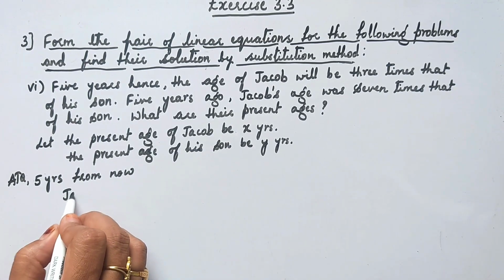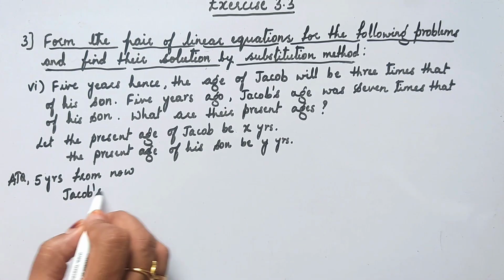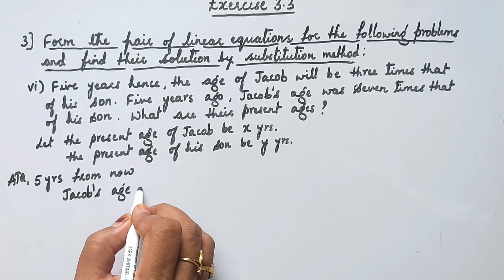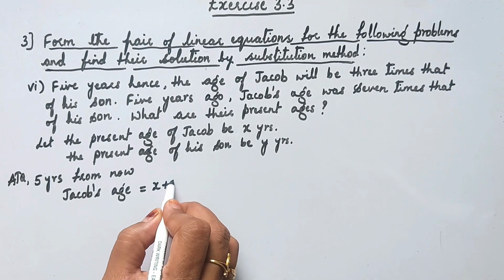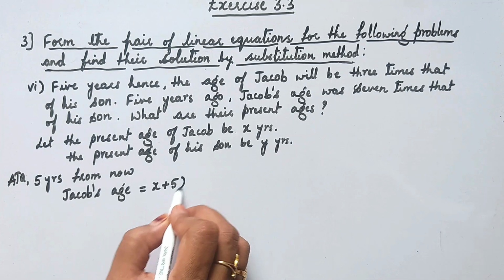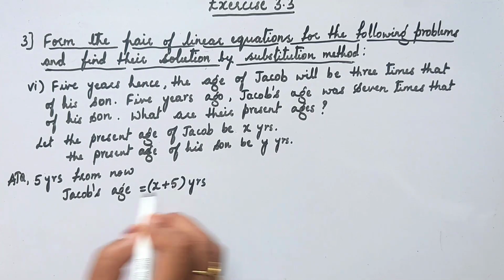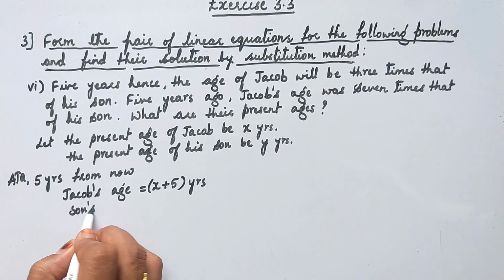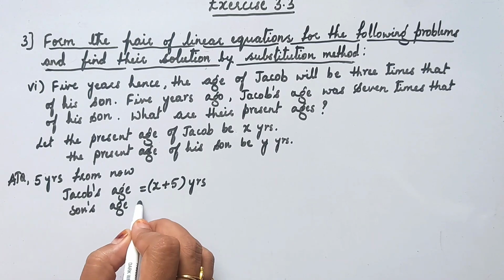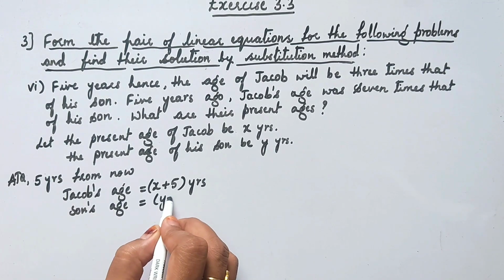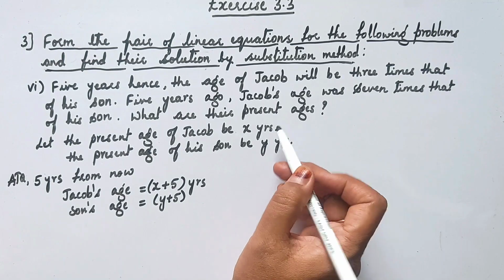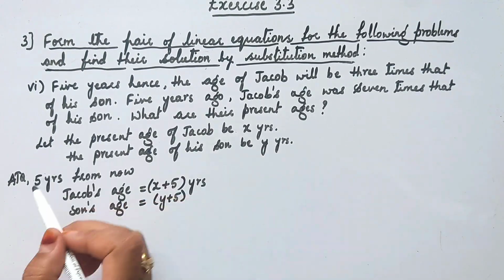So Jacob's age is x plus 5 years, and the son's age is y plus 5. So that means for these ages I am going to add 5.